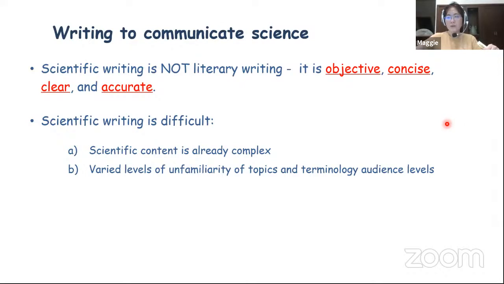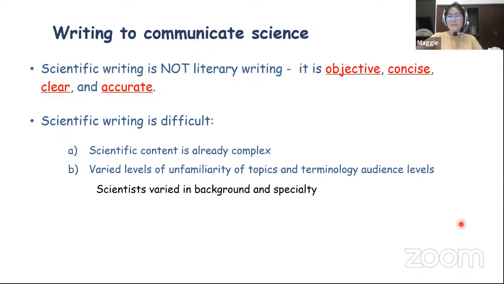Also, some of the readers may not be experts in this field. For example, some pharmacists reading a paper about a clinical study are not completely experts in this field. So the varying levels of unfamiliarity may cause difficulties during their reading.